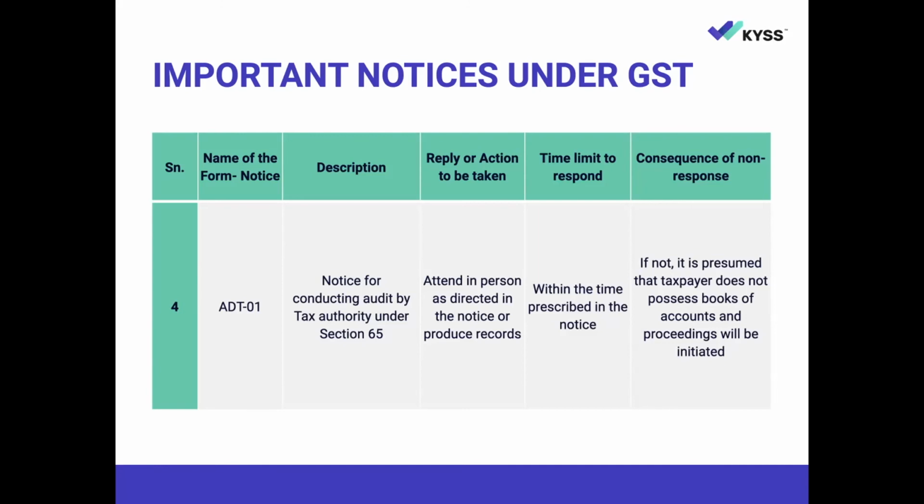So usually this ADT1 is used for scrutinizing records and in general compliance of the taxpayer for a particular period. The taxpayer could be required to attend in person, as it depends on the notice. The department can ask the taxpayer or the authorized representative to attend in person and produce the records, or it can be online as well. The time limit is usually prescribed on the notice itself, but normally a 30-day time is given in case of an ADT1 notice.